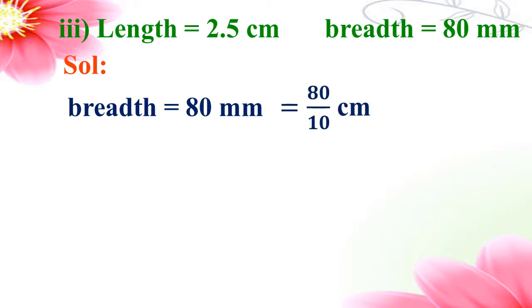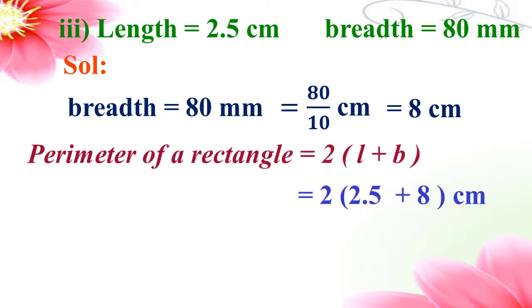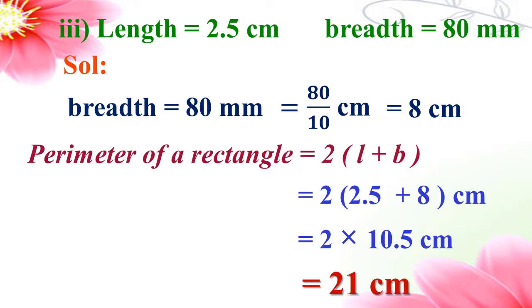So 80 divided by 10 centimeter equal to 8 centimeter, because 10 millimeter equal to 1 centimeter. So perimeter of rectangle 2 into L plus B. So 2 into 2.5 plus 8 centimeter equal to 2 into 10.5 centimeter equal to 21 centimeter.